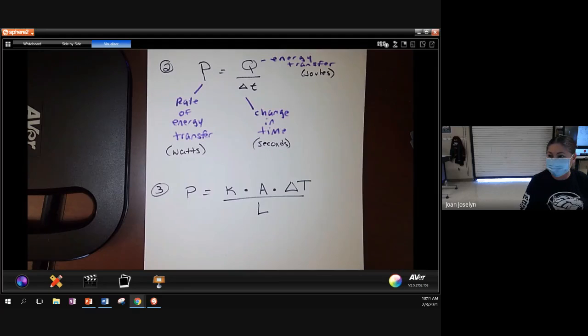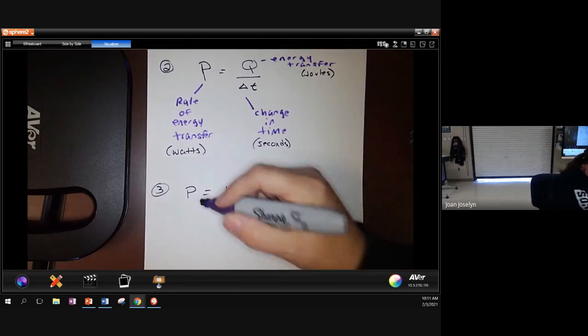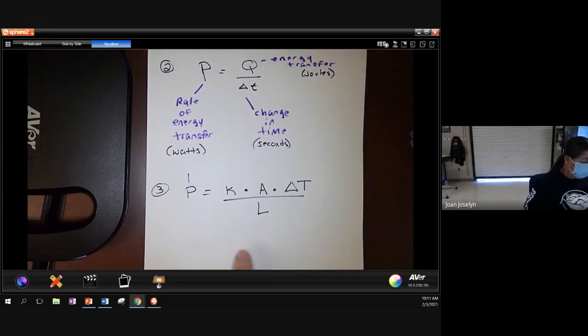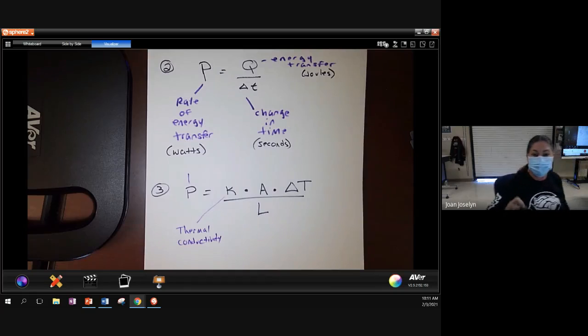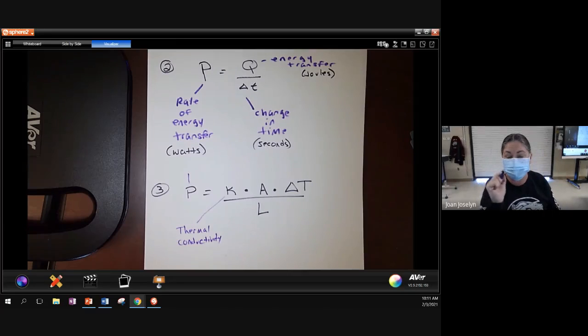You know P is the rate of energy transfer from the one above. I'm just going to point to that because this gets real messy. Your K is thermal conductivity. Some materials don't want to transfer heat for you, and some do.